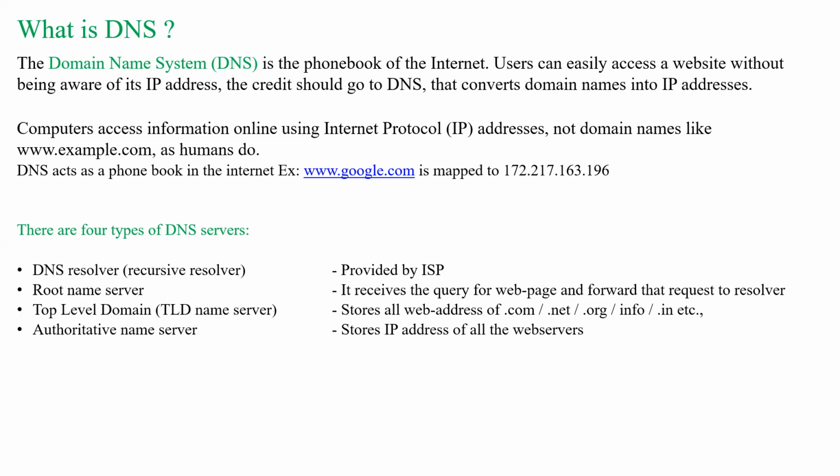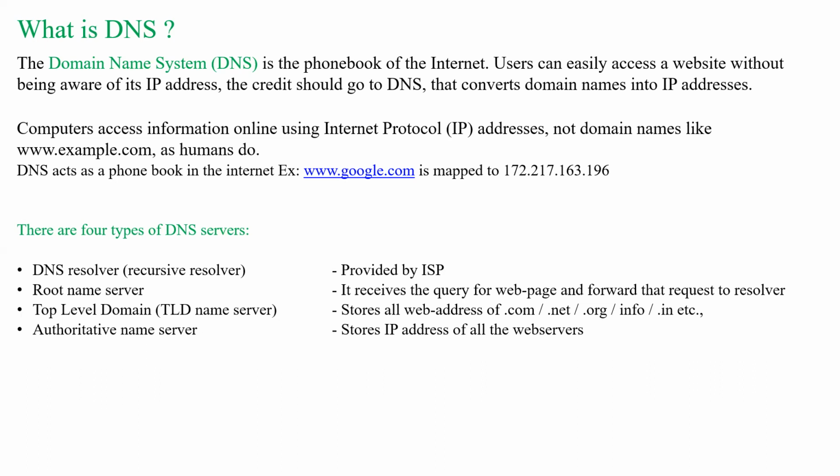So there are four types of DNS servers. DNS resolver. This is provided by ISP, Internet Service Provider. Root name server. It receives the query of a web page and forwards that request to a resolver.